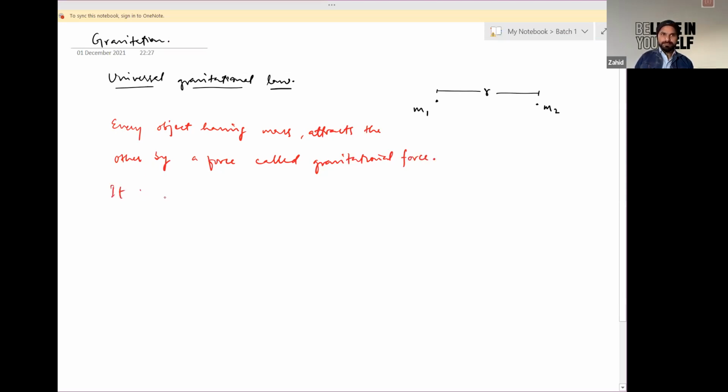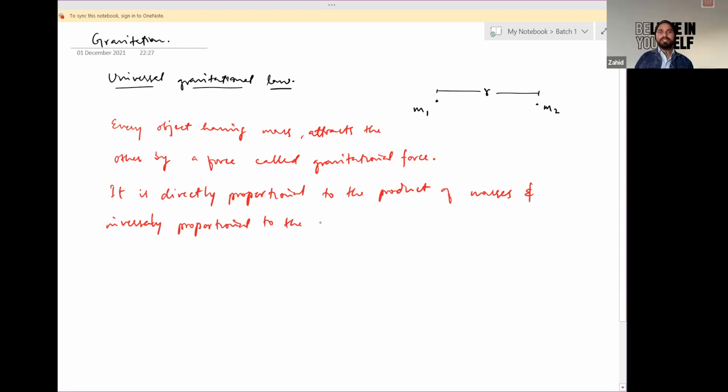It is directly proportional to the product of masses and inversely proportional to the square of their separation.